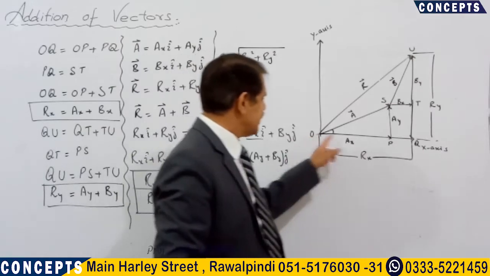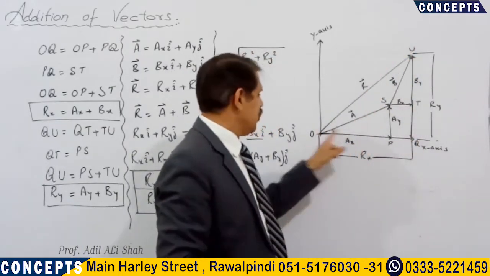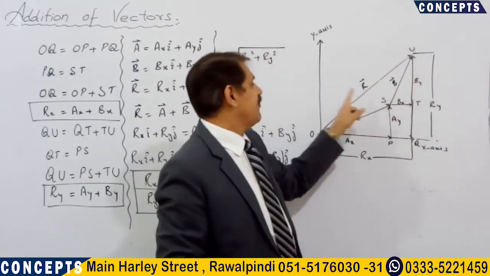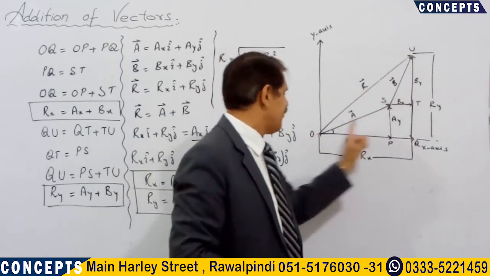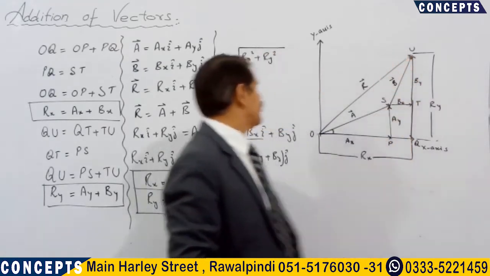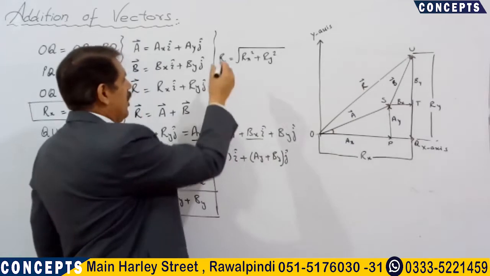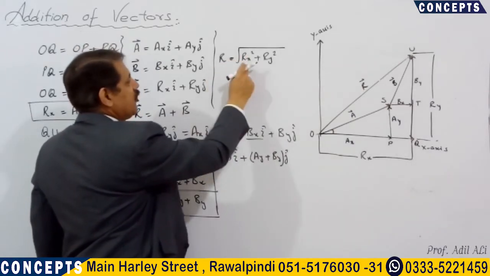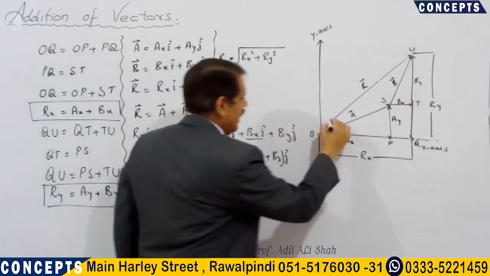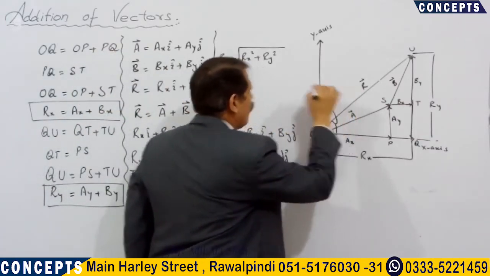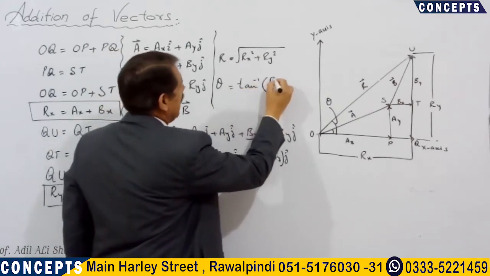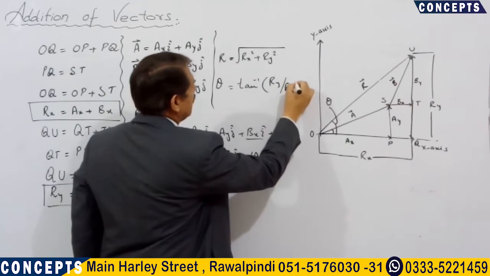Here you can see that this is a right angle triangle. This is your base, this is your perpendicular, and this is the hypotenuse. The square of the hypotenuse is equal to the sum of base square plus perpendicular square. So R is equal to the square root of Rx square plus Ry square, and this angle theta would be tan inverse of Ry over Rx.